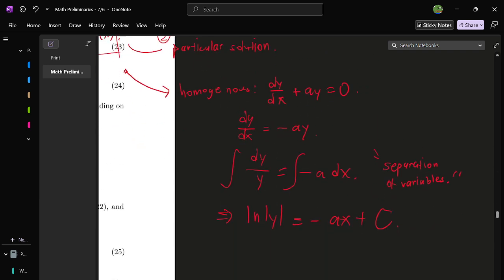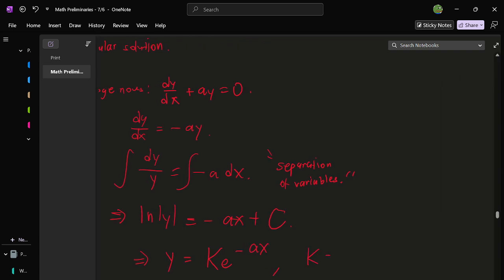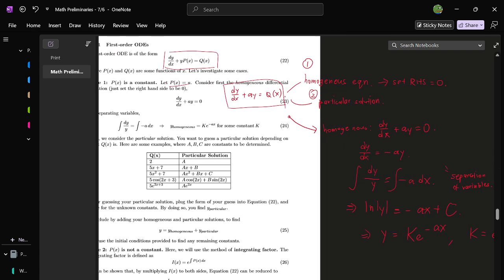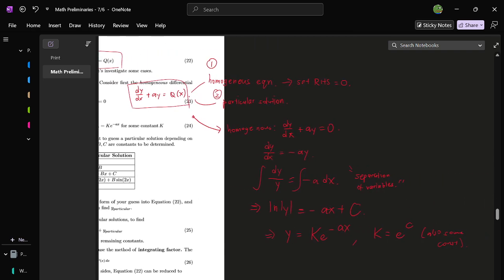So now you have done this, you can proceed to solve for y, which will just be this, where your k is just e to the power c, which is also some constant. And this is consistent with what I've presented here.